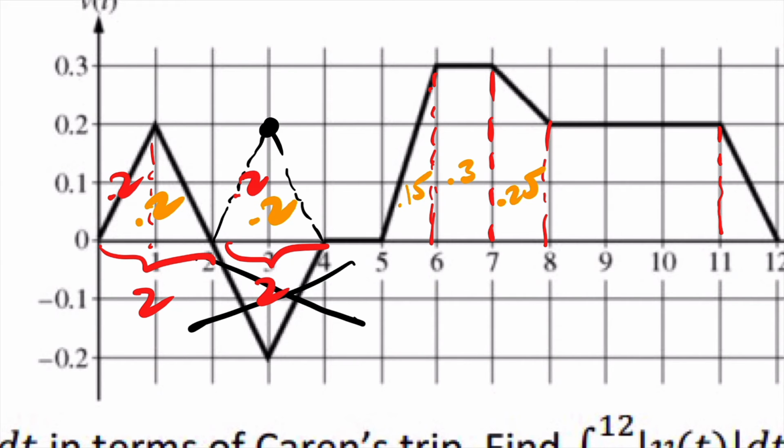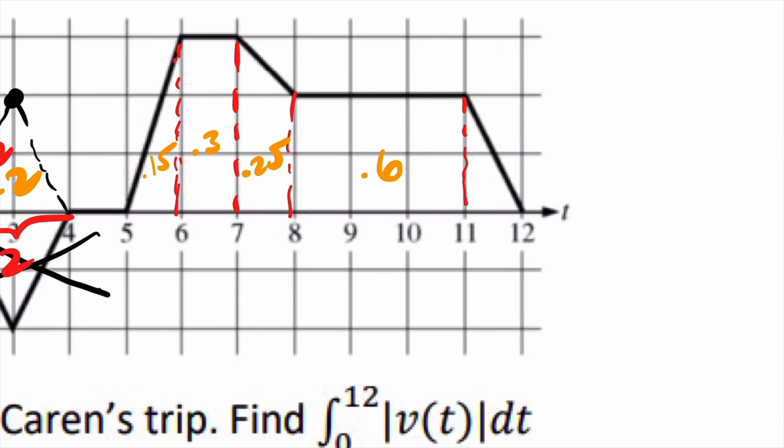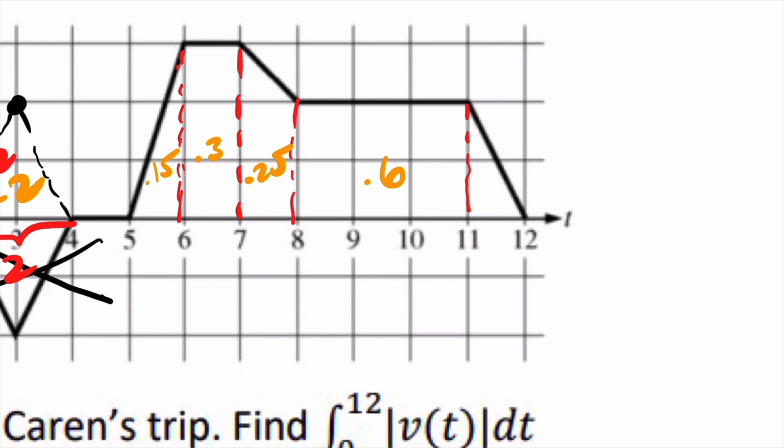That's base is 3, height is 0.2, 3 times 0.2 is 0.6, sorry. And then the last one is a triangle. Base is 1, height is 0.2. 0.2 divided by 2 is 0.1.